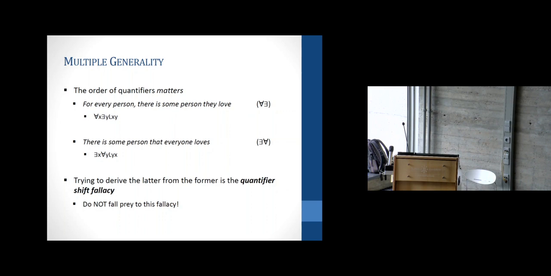If you're a fancy logician, you could abbreviate the order of the quantifiers in the brackets here. People often confuse this ordering, and it's so common that there is a name for it. It's called the quantifier shift fallacy. It's the mistake people make. And you know, there's all this ancient civilization conspiracy theory stuff.